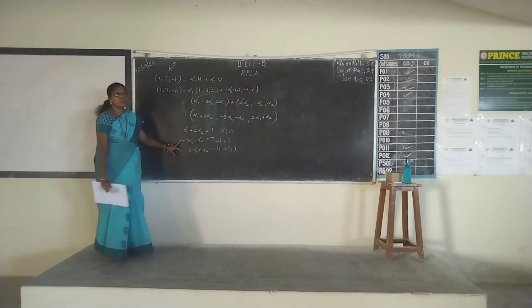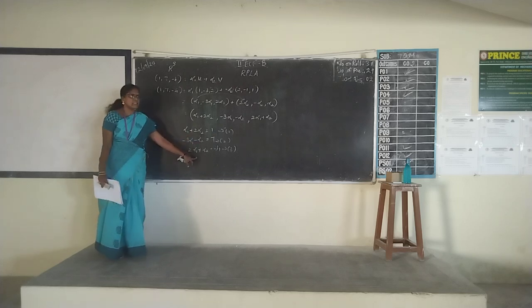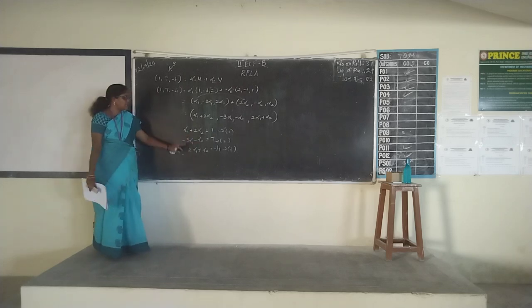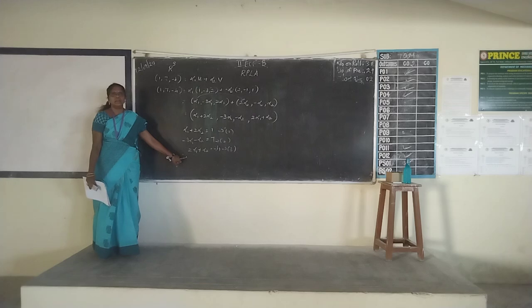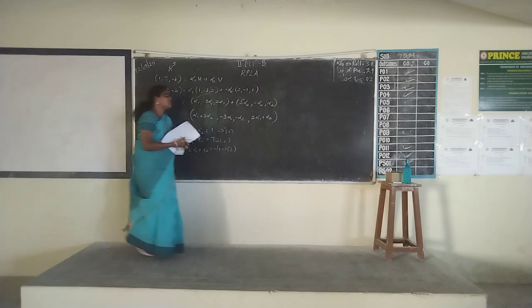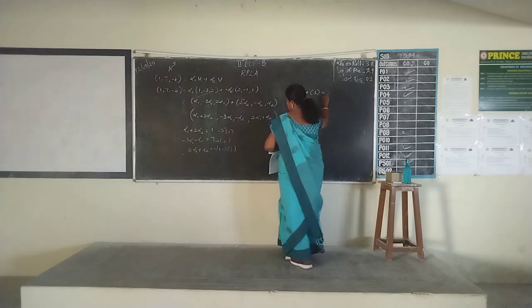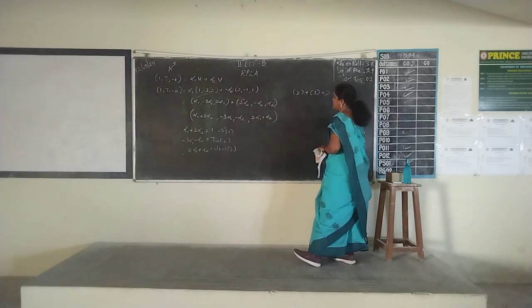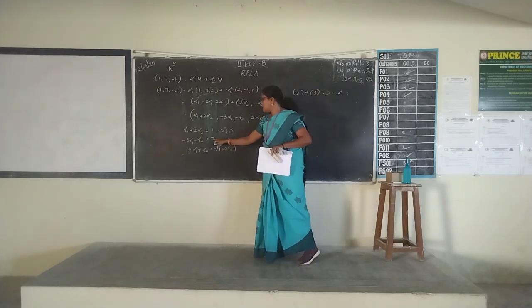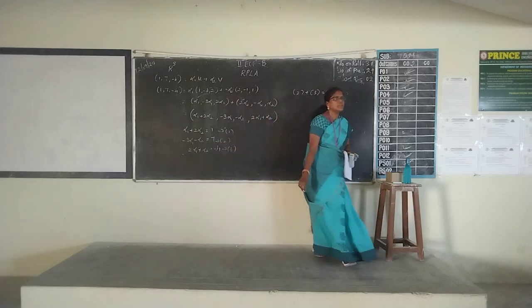If you add 2 and 3, what will you get? Alpha 2 obviously gets cancelled out. So minus 3 alpha 1 plus 2 alpha 1 will be minus alpha 1 on the left hand side. On the right hand side, 7 minus 4 is 3.